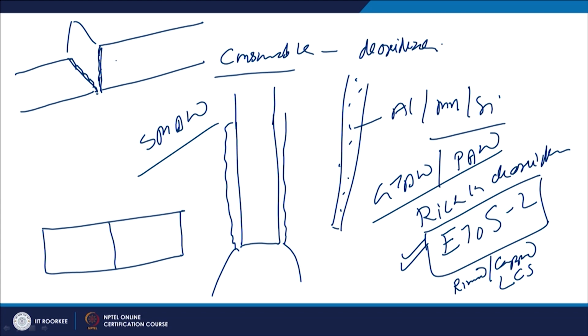This aluminum will act as a deoxidizer to take care of the oxygen, so that the issues related to porosity can be addressed. So, porosity was the main problem associated with the rimmed or capped steels.